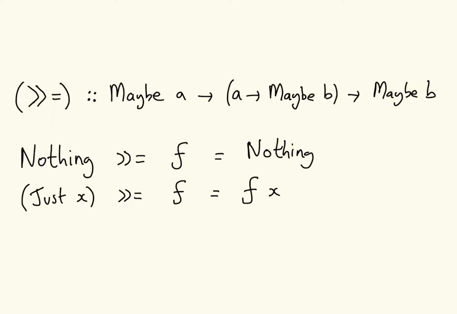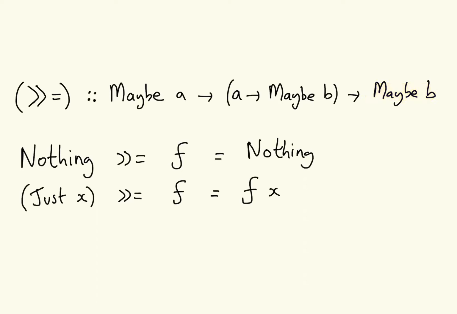First of all, in the first parameter we're taking a value of type maybe A. So that's something that could succeed or fail. And then in the second parameter, we're taking a function that tells us what to do with the result value of type A if the first argument actually succeeds. So we pass that result value into this function. And then finally, we're going to get back a result of type maybe B.